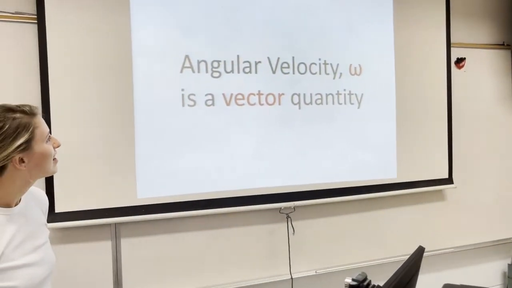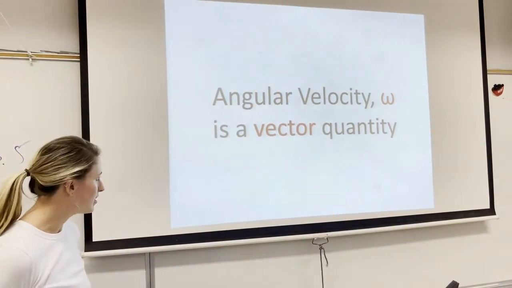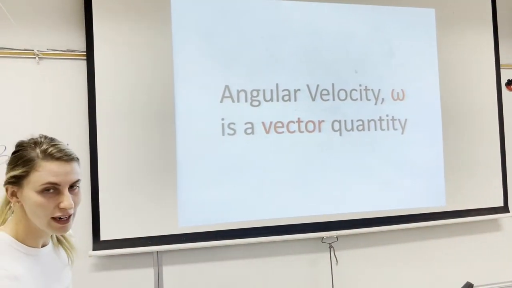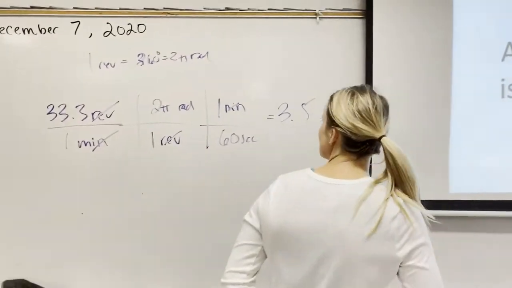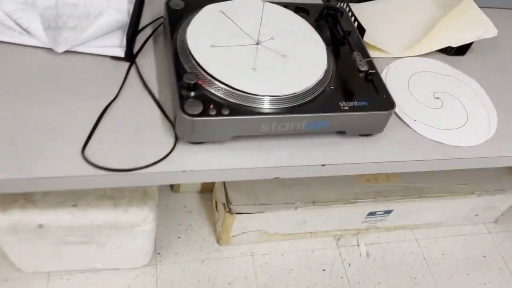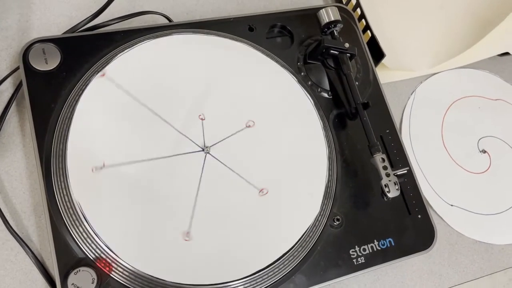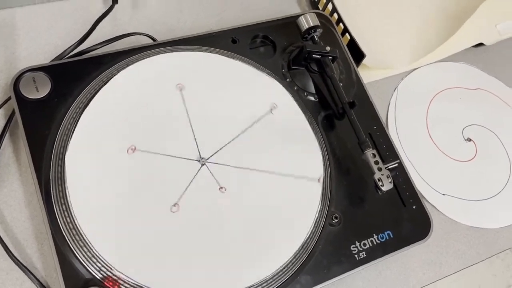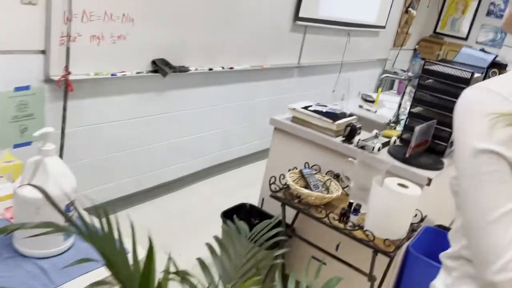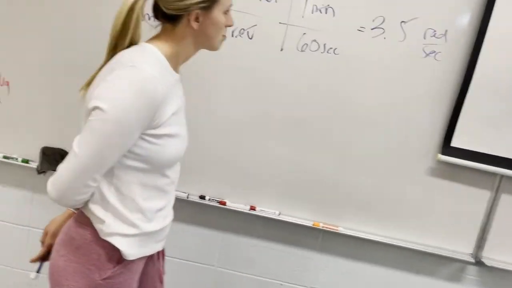Angular velocity, omega, is a vector quantity. That means, you know what? There's something wrong with this calculation. It can't be 3.5, because that means in one second, on your mark, get set, go, 1 Mississippi, no, it goes less than 1. Well, 3 radians, because 2 pi radians is 1 revolution.